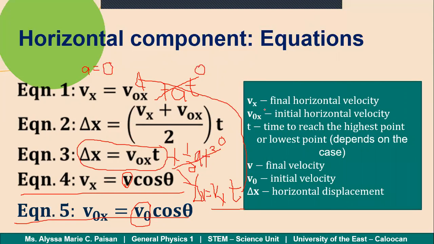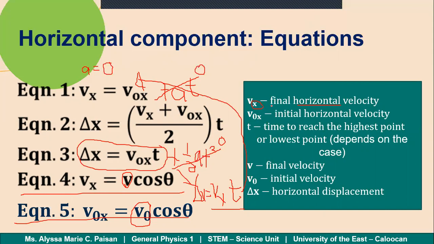Let me emphasize that the Vx is different from the V. Okay? The Vx is the final horizontal velocity, meaning itong x na to, it denotes that the velocity is present in the x-axis. So the final velocity V, again, the velocities here have two components, the x and the y.